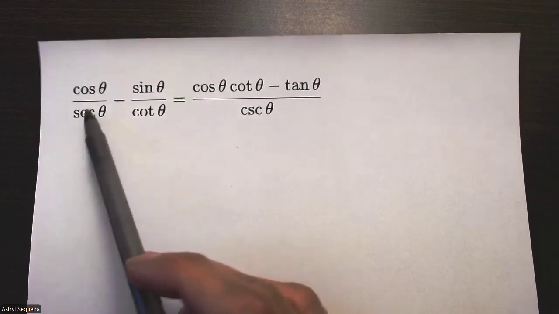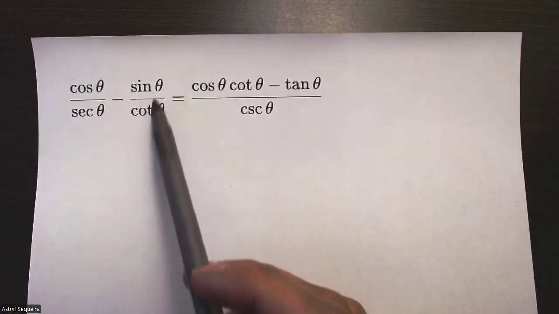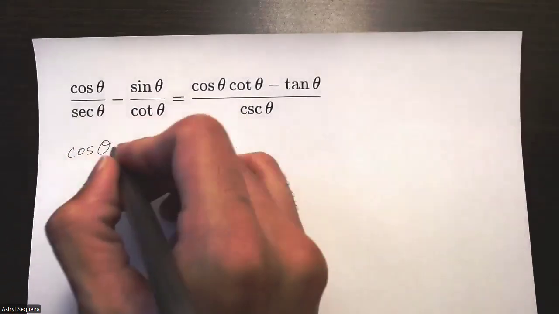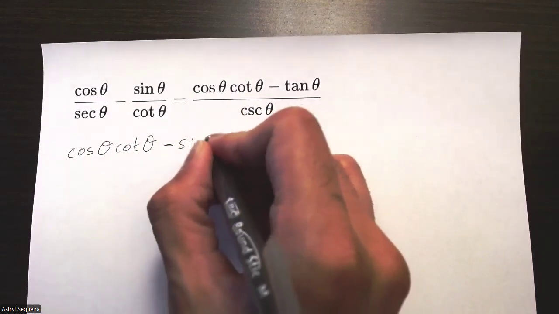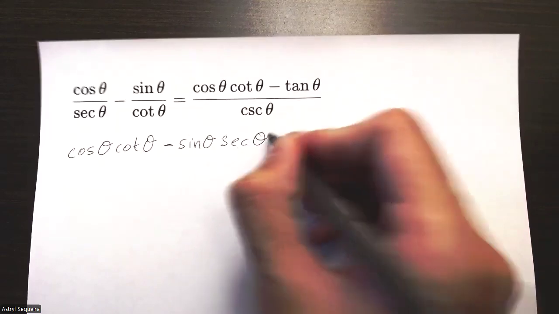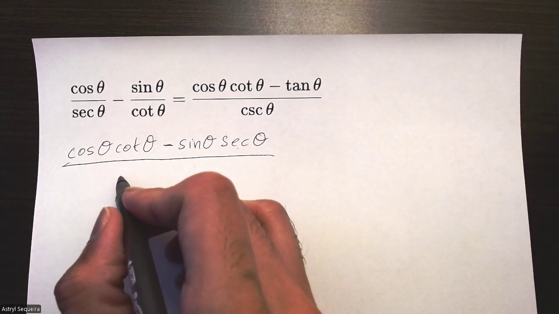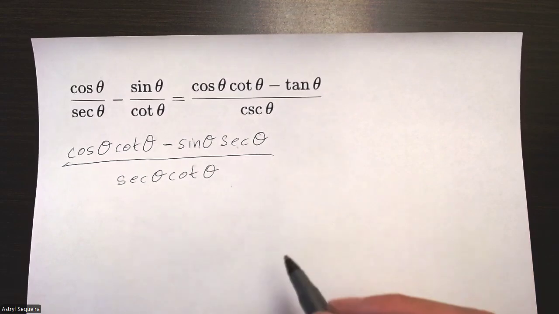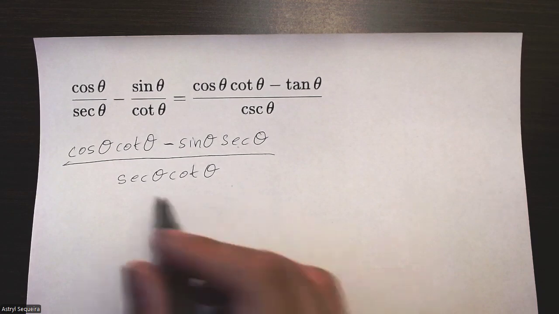The first thing I'm going to do here is make a common denominator on this side. So I'm going to multiply the top and bottom by cot here and the top and bottom by sec over there. Then I'm going to convert everything to sine and cos.